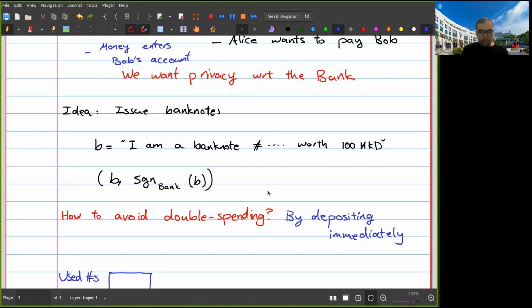And we actually have another problem here. Can you see another security issue? Whenever we have a centralized system, it's usually the case that the central entity who has control over the system can do all sorts of malicious things. What can the bank do here?